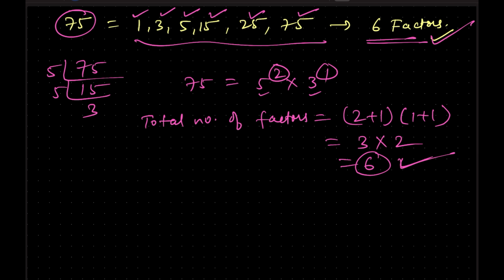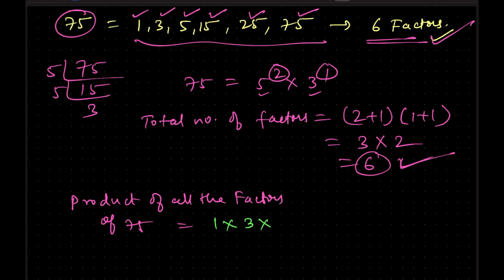And if we want to find the product of all the factors of 75, let's see. 1 into 3 into 5 into 15 into 25 into 75. Now watch very carefully.